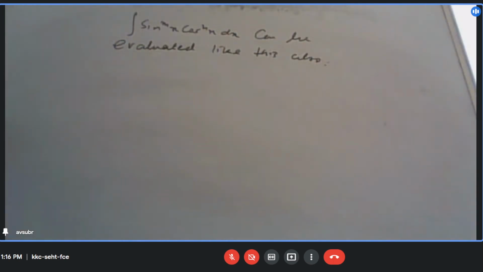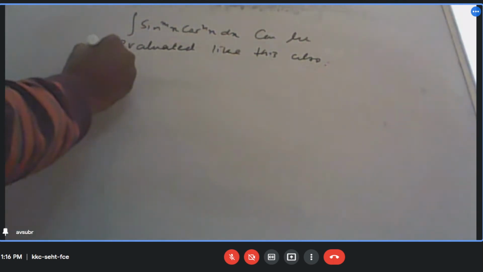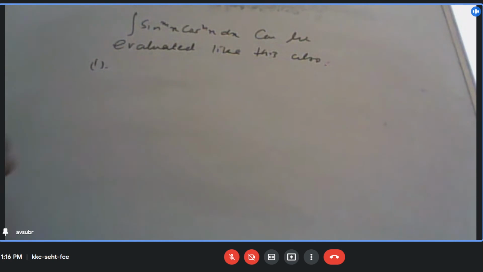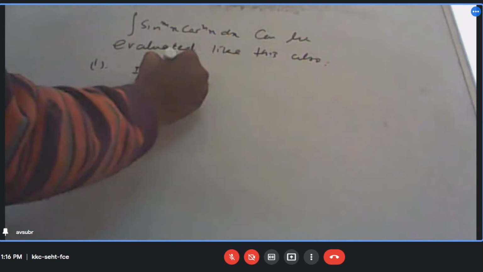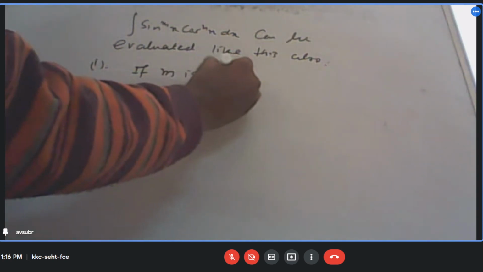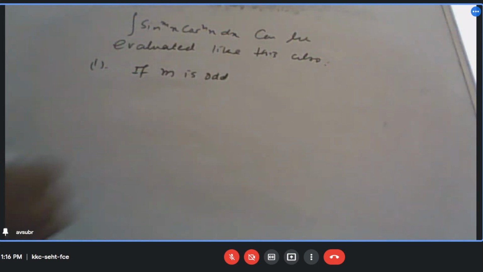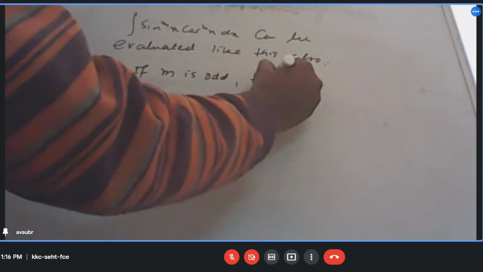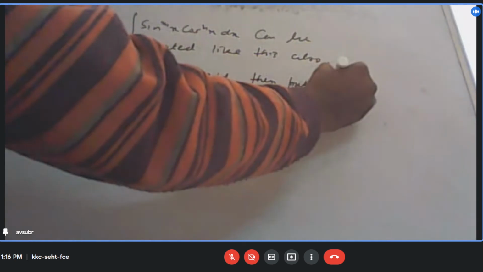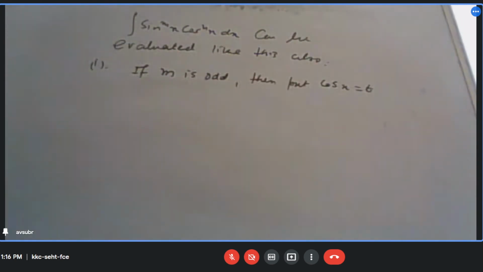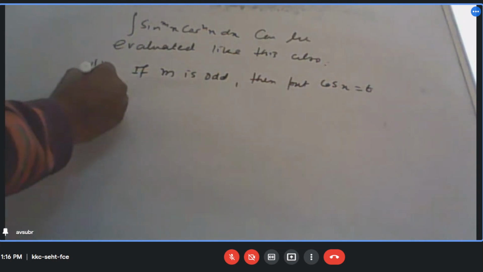But under certain conditions, that you have to remember. Those conditions are that if m is odd, then put cos x equal to t.